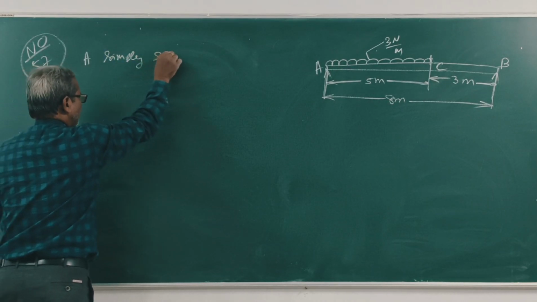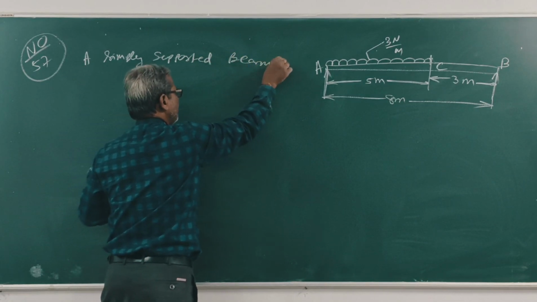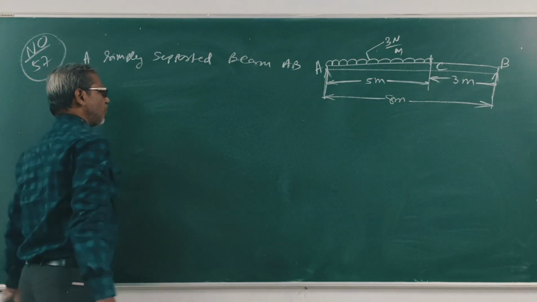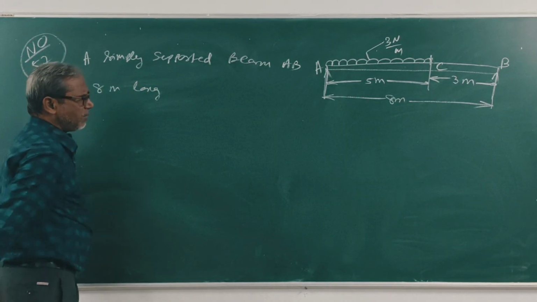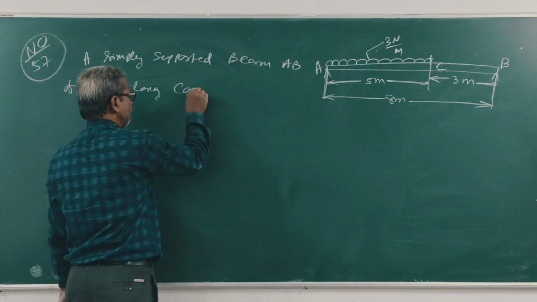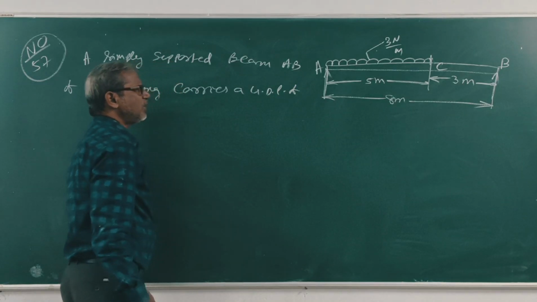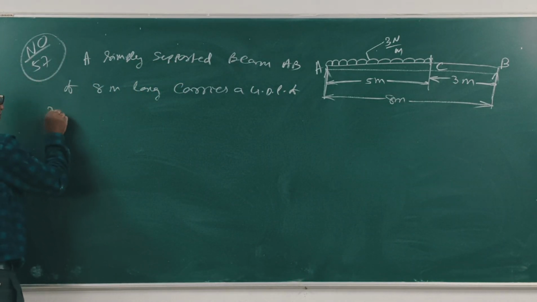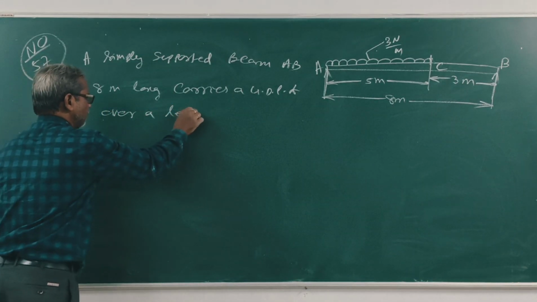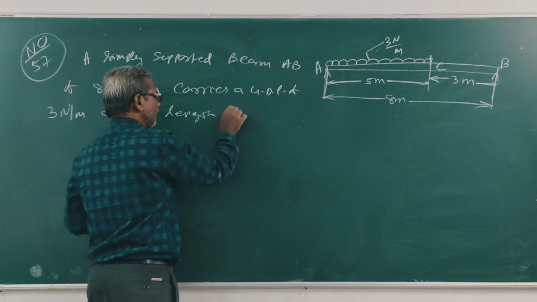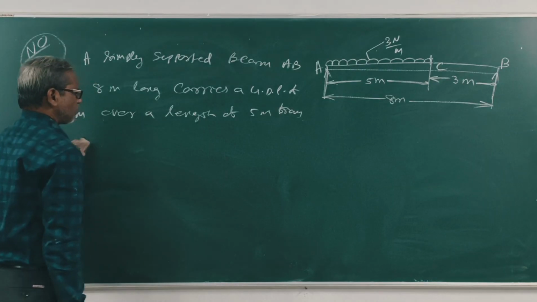The question is: a simply supported beam AB, 8 meter long, carries a UDL of 3 Newton per meter over a length of 5 meter from the left support.